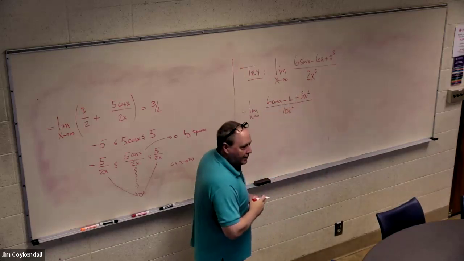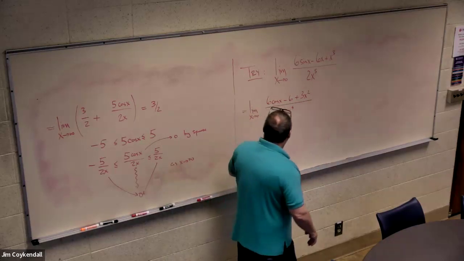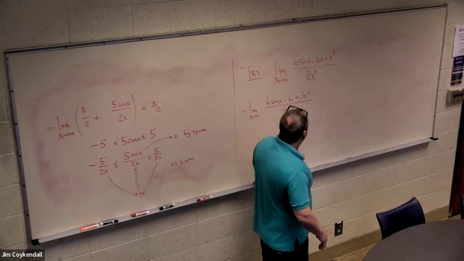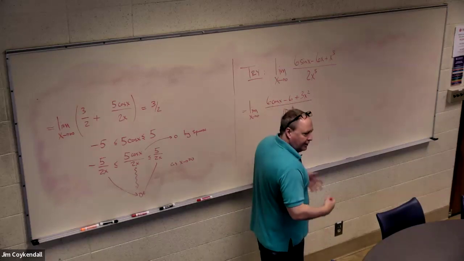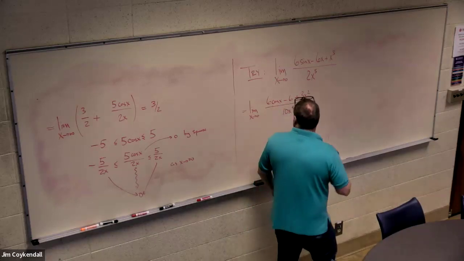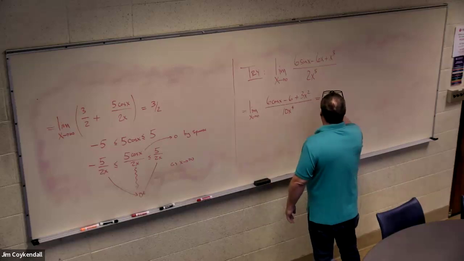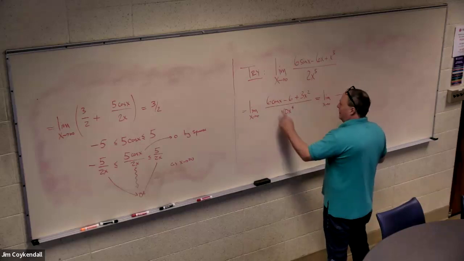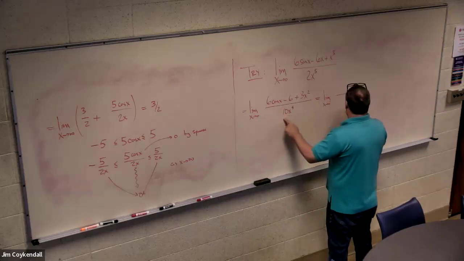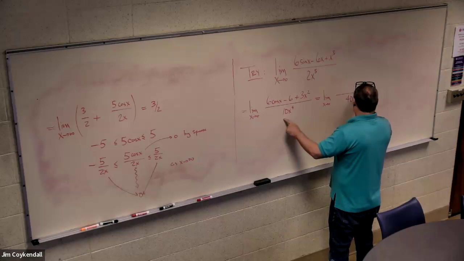Okay. Check it again. Plug in 0, I get 0 on the bottom. On the top, I get 6 minus 6 is 0, and then 2, so I have 0 over 0 again. Okay, derivative of the bottom: 40x cubed.